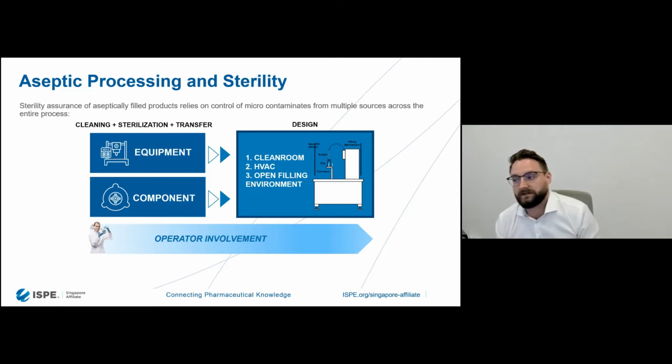And then for the filling line, you also have the clean room design, HVAC design, and the filling machine design itself. So all of these impact the control you have on the sterility of your process. Each individual process has to be assessed, controlled, and monitored throughout the entire life cycle of the process.